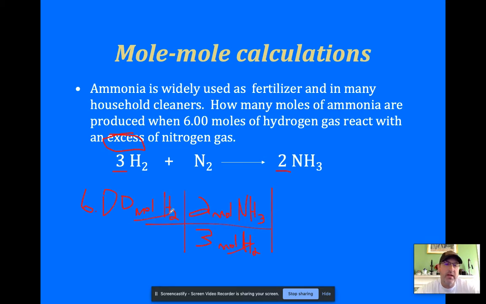Moles of H2 cancel. So we go 6 times 2, that's 12. Divided by 3, that's 4. So we get 4.00 moles of NH3. Okay, that's it, 4 moles of NH3.